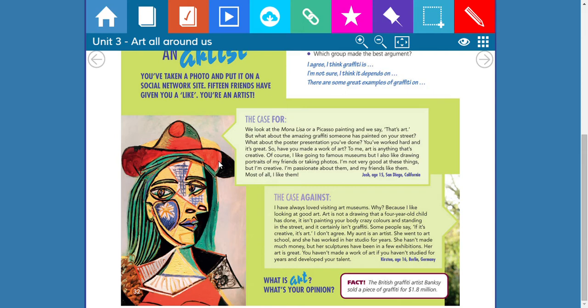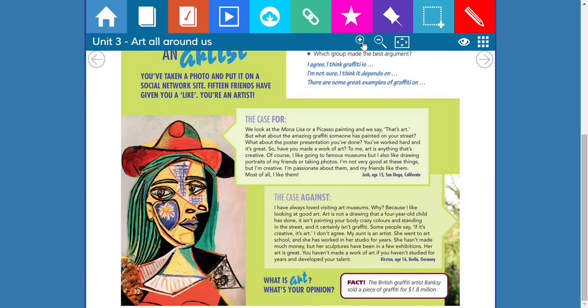My aunt is an artist. She went to art school, and she has worked in her studio for years. She hasn't made much money, but her sculptures have been in a few exhibitions. Her art is great. You haven't made a work of art if you haven't studied for years and developed your talent. Kirsten, age 16, Berlin, Germany.